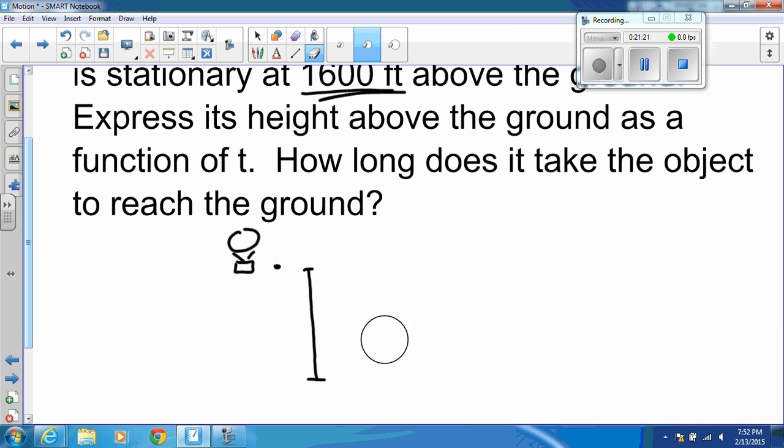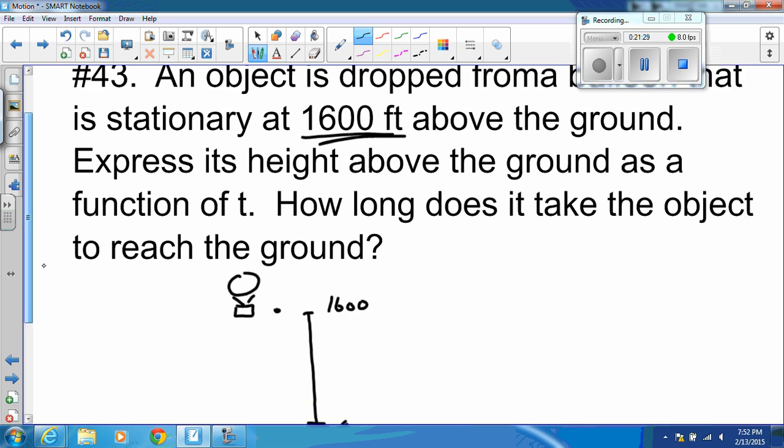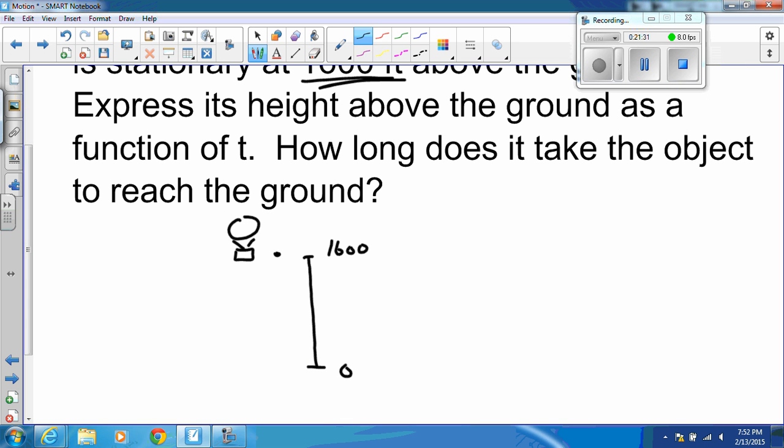Let's draw. Here's our balloon, and here's our object. And we know that the object is 1,600 feet above the ground. Probably the best way to represent that is with coordinates, like so.